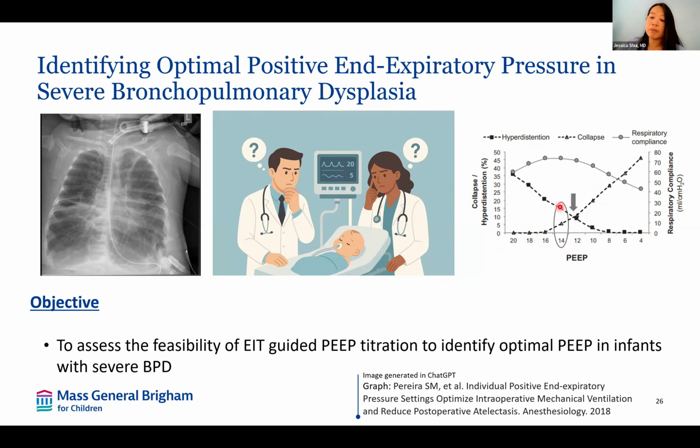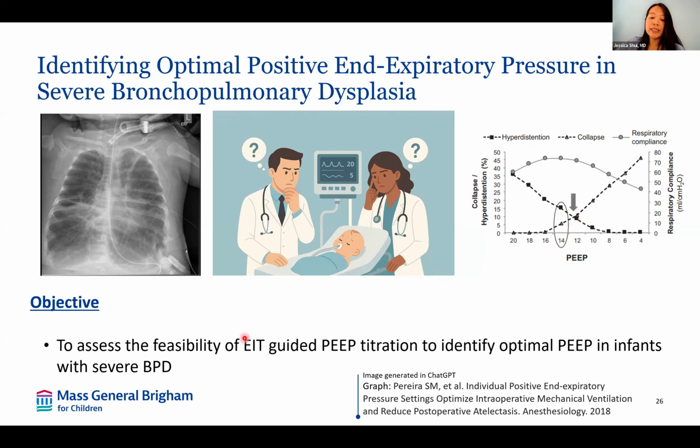In this example, some people report that this patient's optimal PEEP is 14, but others look at the intersection of this graph, looking for the PEEP that balances minimal atelectasis and minimal hyperdistension as a sweet spot. And that's what we looked at for our infant population with BPD.